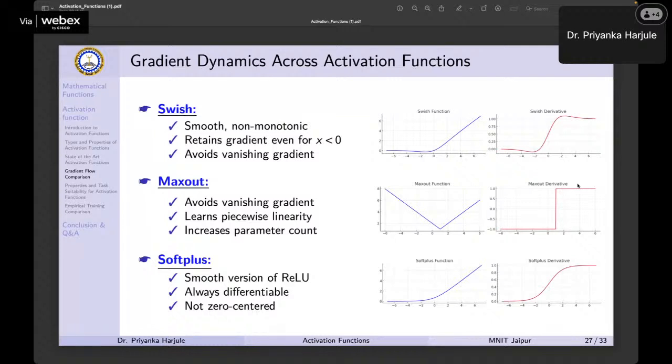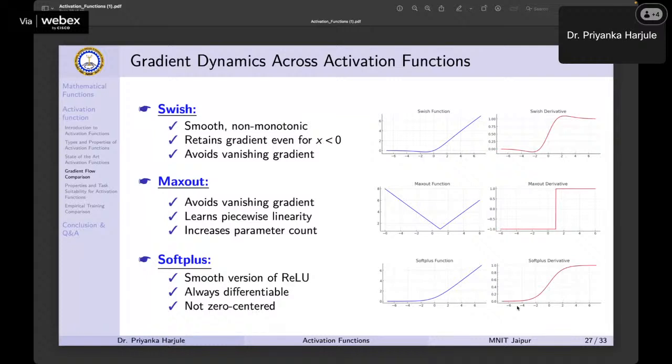And finally we have the softplus, which again is a smooth version of ReLU, as can be seen here, and never has zero gradient. You can see this from its gradient curve also. It is not zero centered like the sigmoid, and this can bias updates and slow convergence.